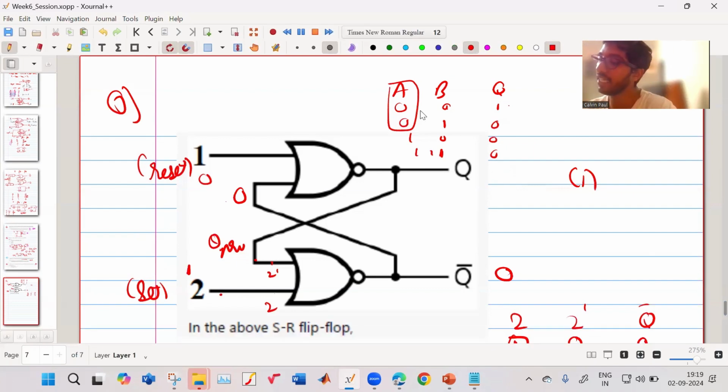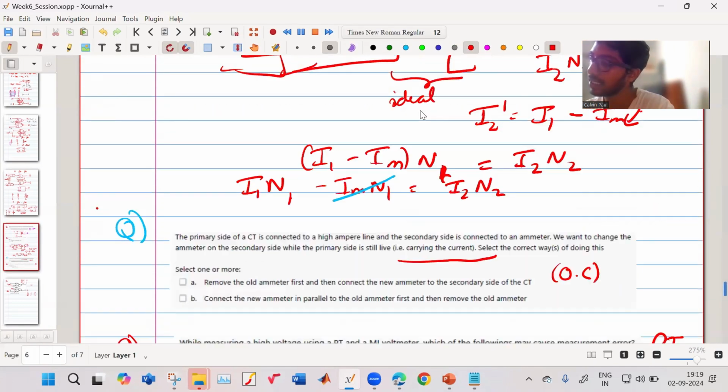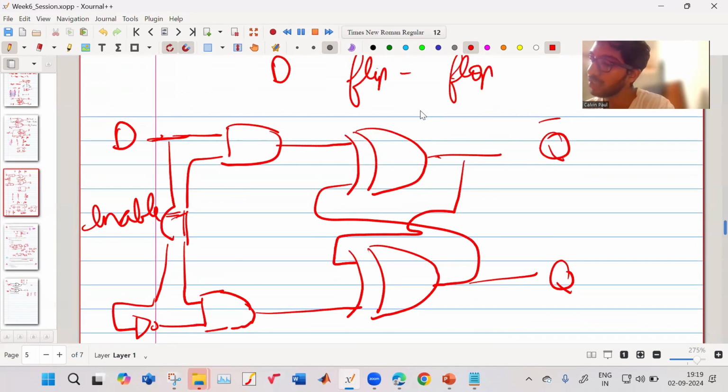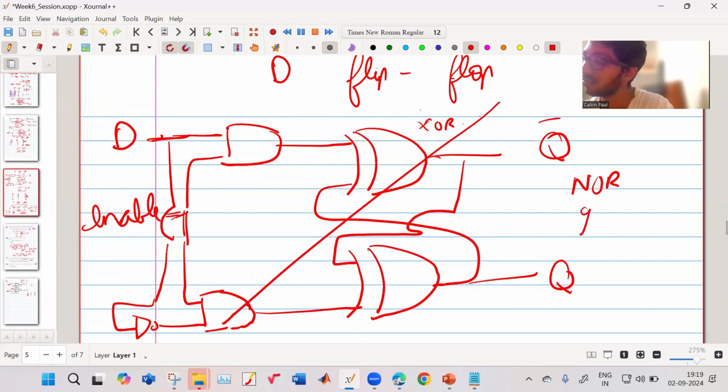So the error I had made earlier was I considered all these to be XOR gates, but they are wrong. These should actually be NOR gates. Niranjan, you were saying it should have been a NOR gate, right?